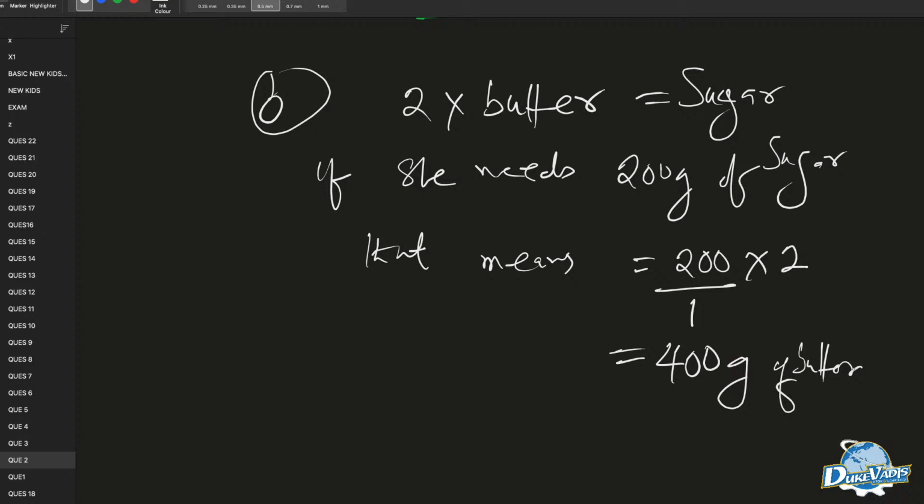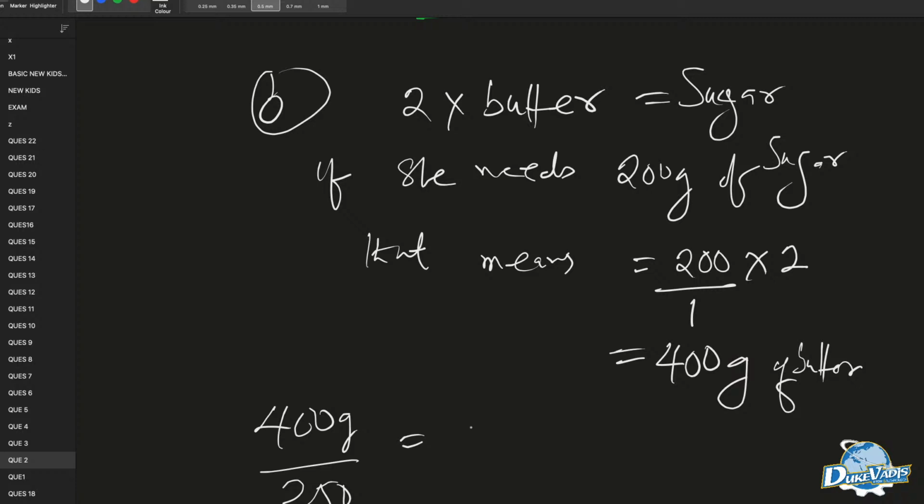Okay. Now, to get the answer, you see, she buys them in packs. So to get the number of packs of butter that she would need, it was specified that she needed 250. So out of the 400, 400 grams divided by 250 will give her the number of packs.